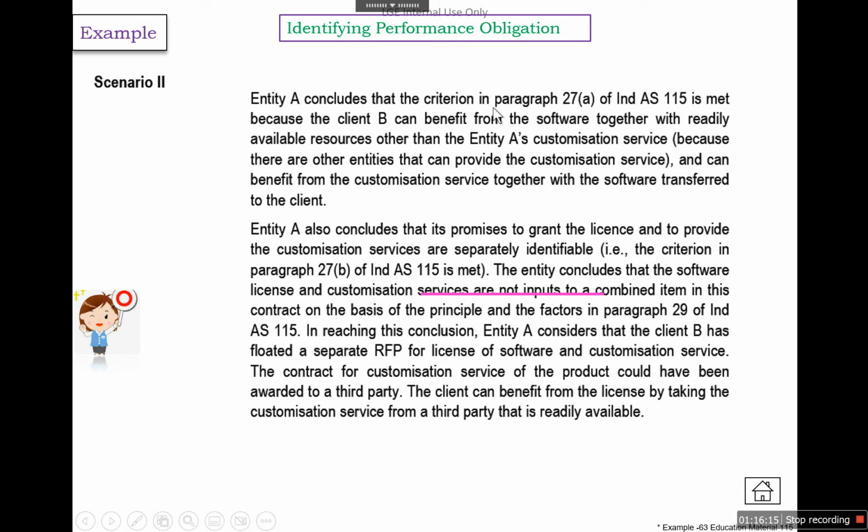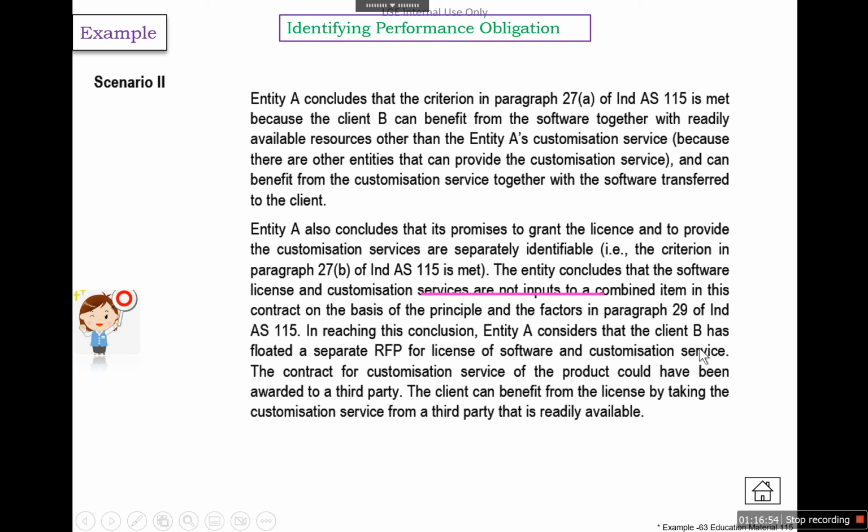Entity A concludes that the criteria is met because client B can benefit from the software together with readily available resources other than entity A's customization services, and can benefit from the customization services together with the software transferred. Entity A also concludes that its promises to grant the license and to provide the customization are separately identifiable. The entity concludes that the software license and customization services are not inputs to a combined item in the contract.